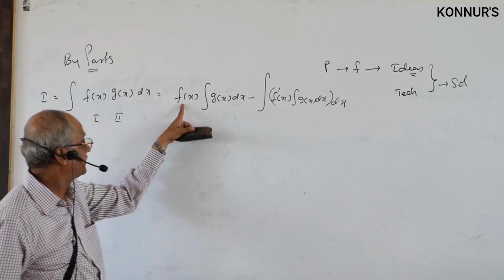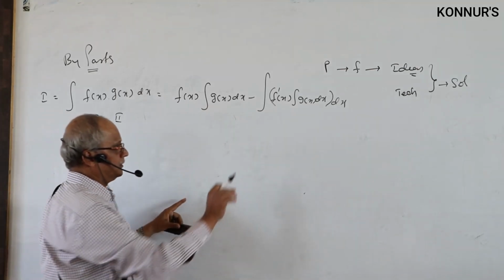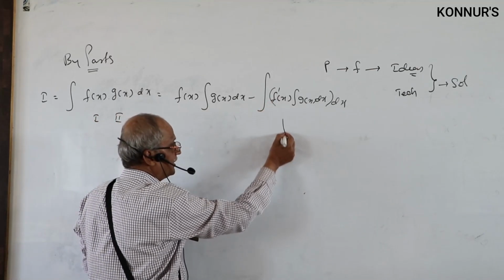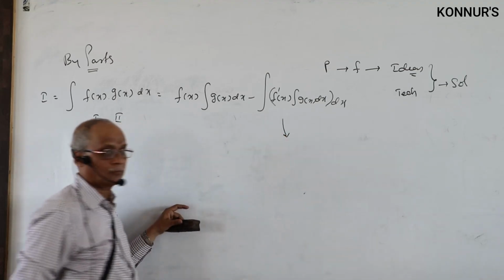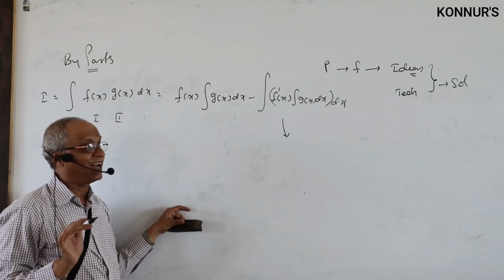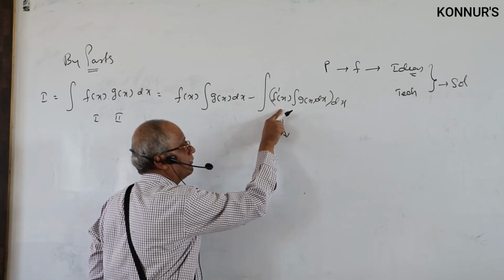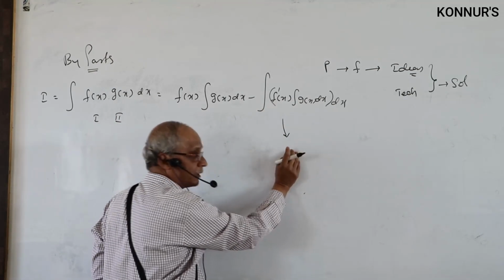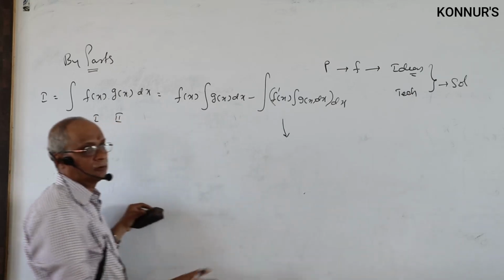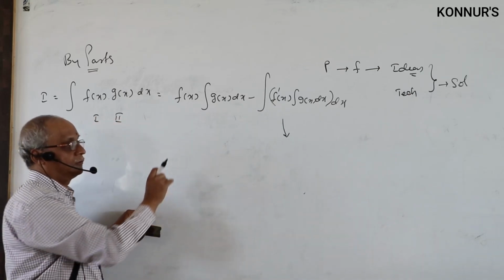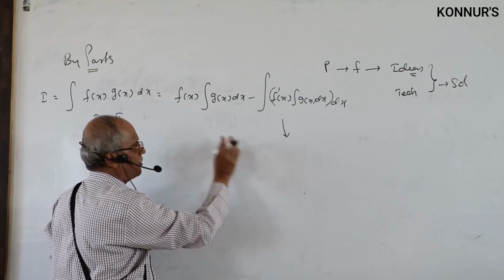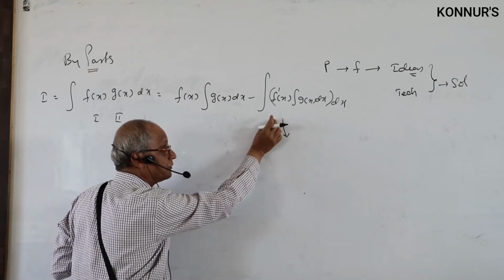When you select the first function, its derivatives should be in decreasing order, coming down up to a constant level. Then only it is meaningful. If it is not decreasing order, definitely you will not come to an end, and the problem will not give any solution. Hence, remember, the derivatives are decreasing.